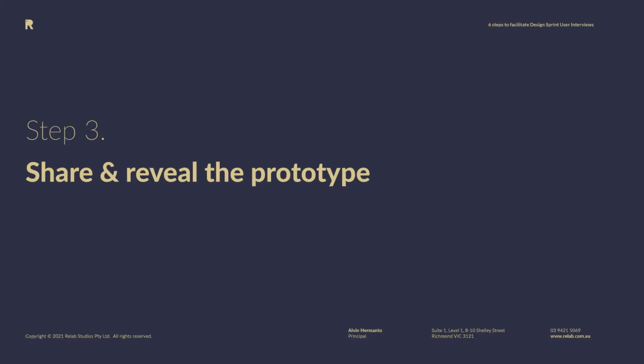The next thing is you want to share and reveal the prototype. In a face-to-face situation, you'd hand over the device or the computer or whatever it is that you're testing, or whatever medium that you're using for testing. In a remote sprint, that's the moment where you'll bring up the prototype or share them a link, or SMS them the link as well, that sort of thing, because you want them to finally see the product that they're about to test.